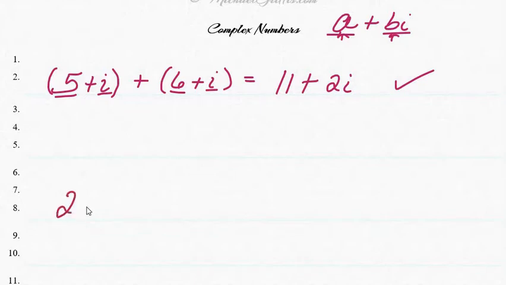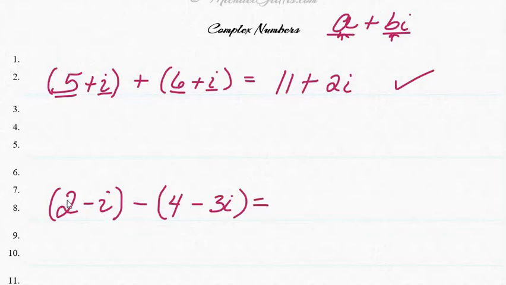All right, let's look at this one here. 2 minus I. Okay, I'm going to put parentheses around it. Here's the reason. The real reason why you put parentheses is because of this minus sign. 4 minus 3I. Okay, we want to simplify.